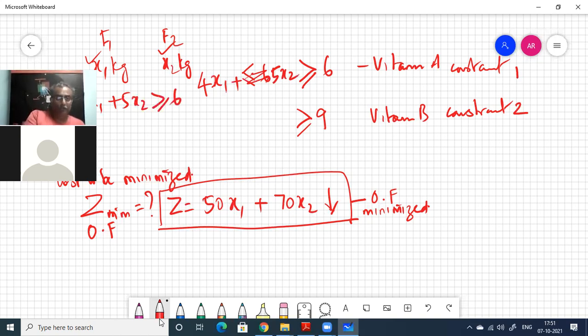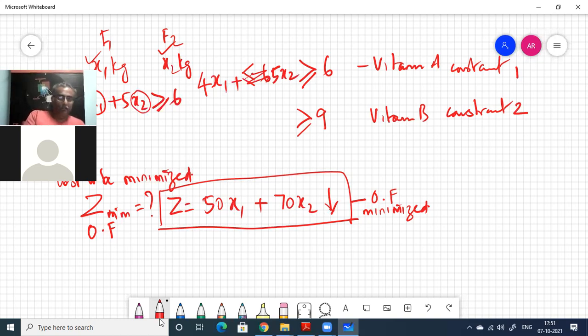So with the help of x1 kg and x2 kg, you must produce so much that they become greater than or equal to 6 units of vitamin A.